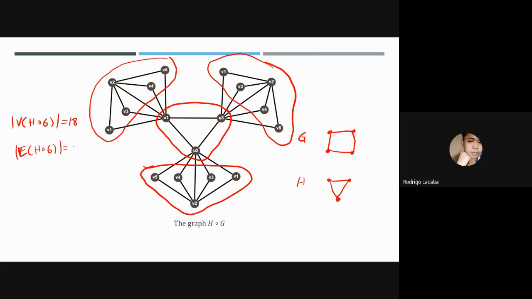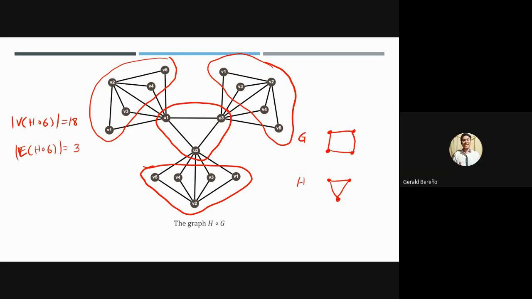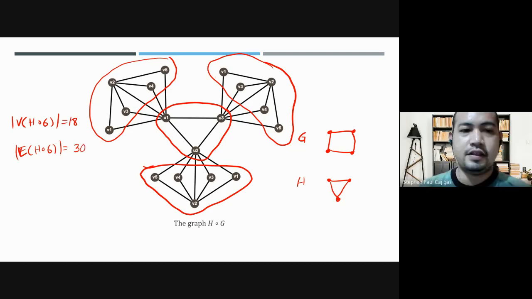Times 3. 27 plus 3, 30. Others agree? 30? Yes, sir, 30. Sige, so let's go back to the first one.